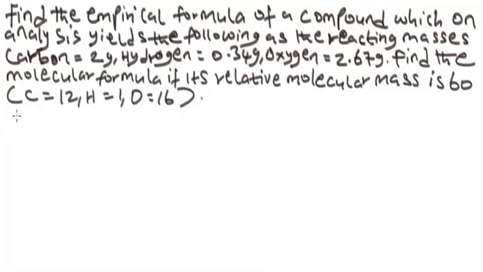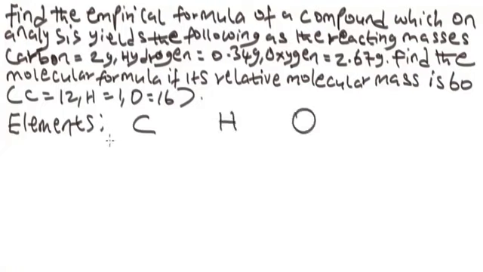Alright, so the first thing we have to do is to outline the elements in the question. So elements here, we have carbon, we have hydrogen, and we have oxygen. Now that you have done this, next thing you have to do is to bring out the reacting masses.